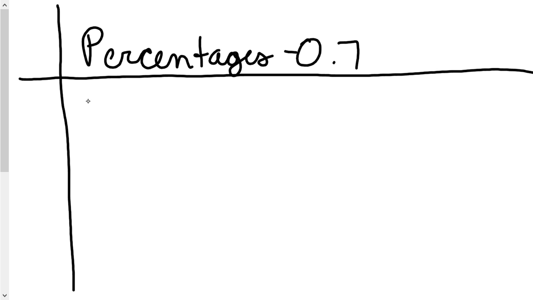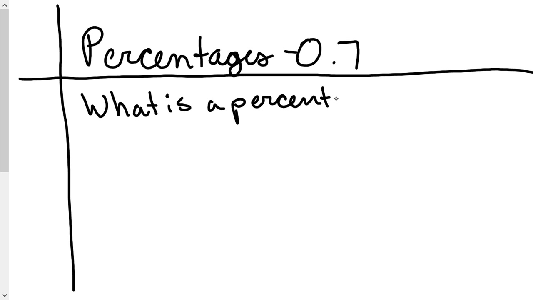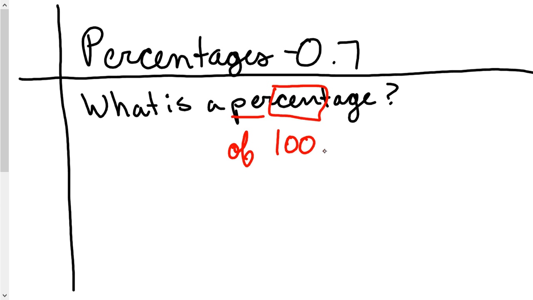So what exactly is a percentage? Well, I'm sure a few of you have heard me coming around and talking about per and cent, meaning of 100. So when I say that, I mean that it's really a ratio or a fraction.